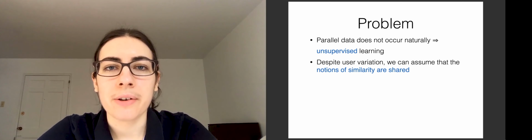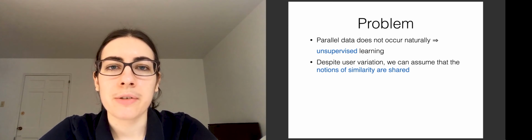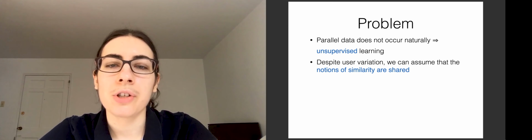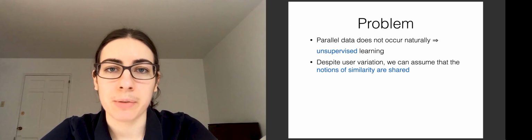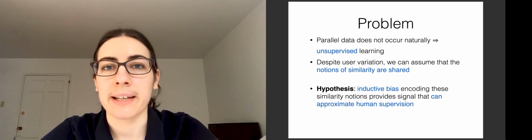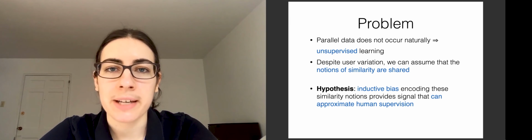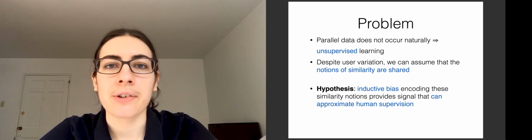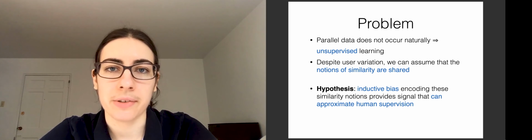And although there is variation between users, we're going to assume that the notion of character similarity is shared between different people and even different languages. And we hypothesize that encoding this shared notion of character similarity into the model as inductive bias can compensate for the absence of actual human supervision.